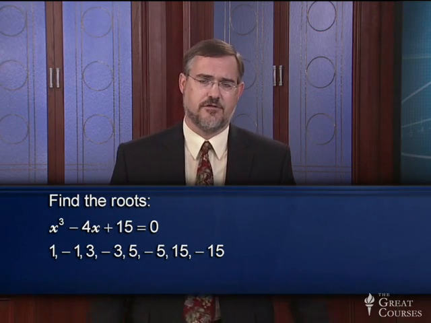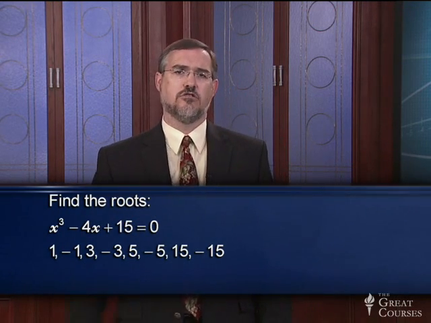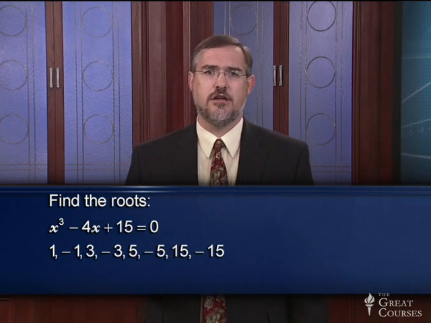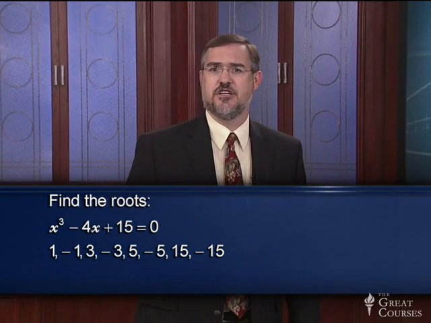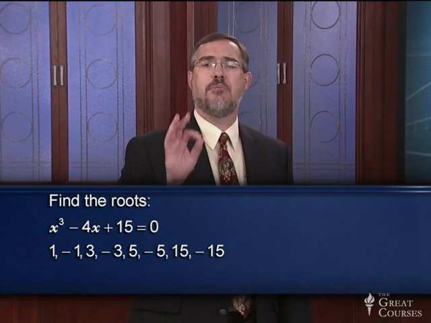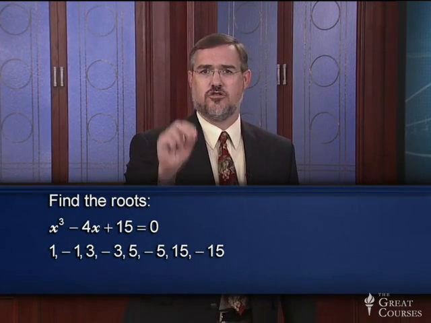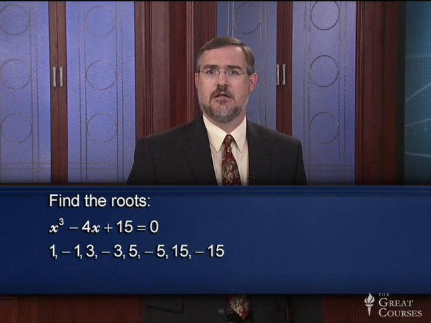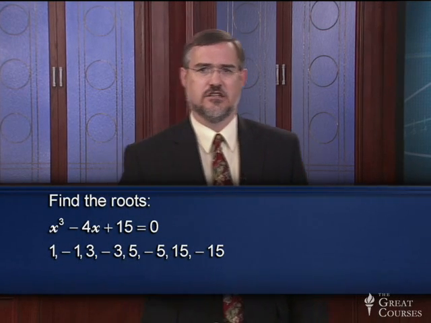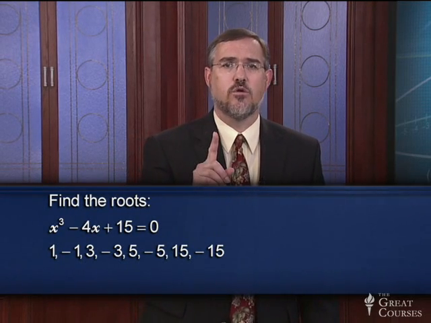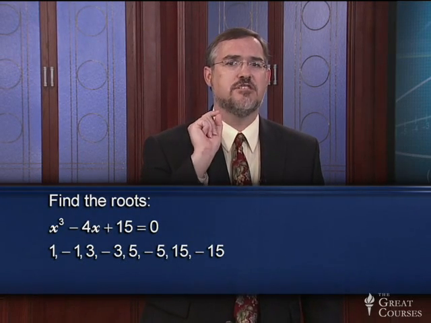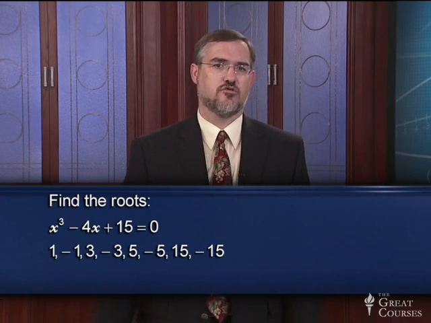And since all of those are divided by 1, I can just write them as whole numbers: 1, -1, 3, -3, 5, -5, 15, and -15. Now those are the possible rational roots in this case. Now I suggest we look at the negative numbers in this list to see if one of them is the negative real root that was already predicted by Descartes' rule of signs.